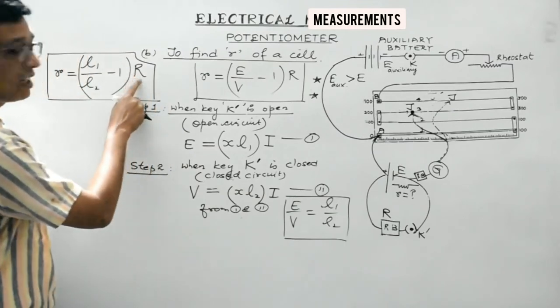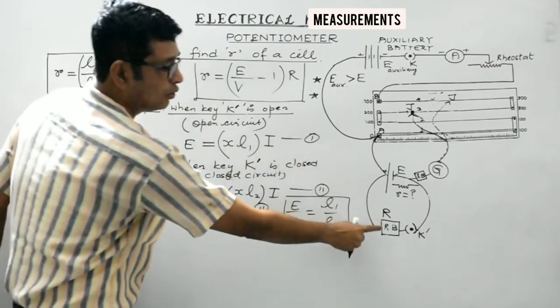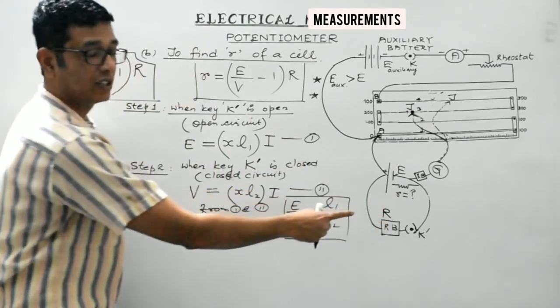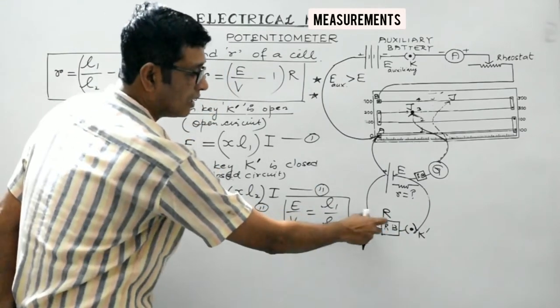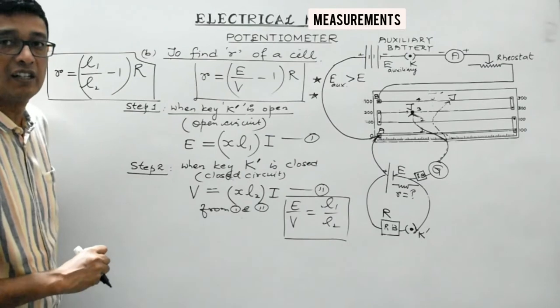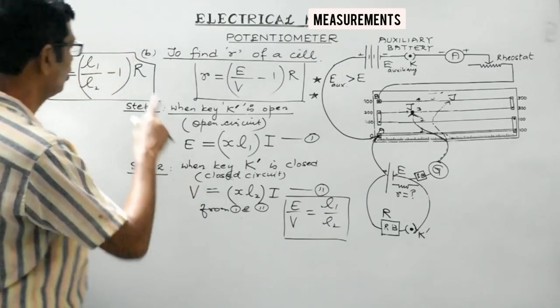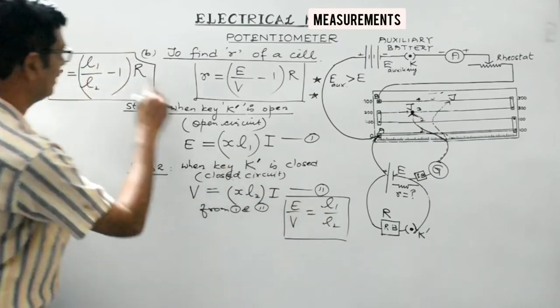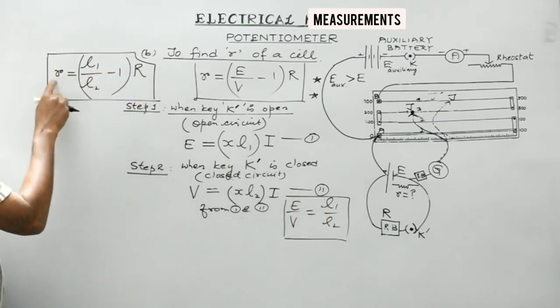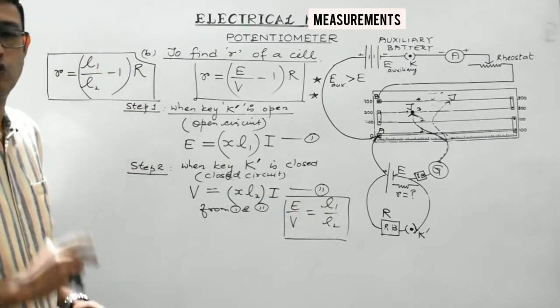And what about this R? It is the value which is introduced in the circuit when key K dash is closed in step 2, so it is known to us. Knowing the value of capital R, experimentally determining L1 and L2 and substituting the values here, the internal resistance can be easily found.